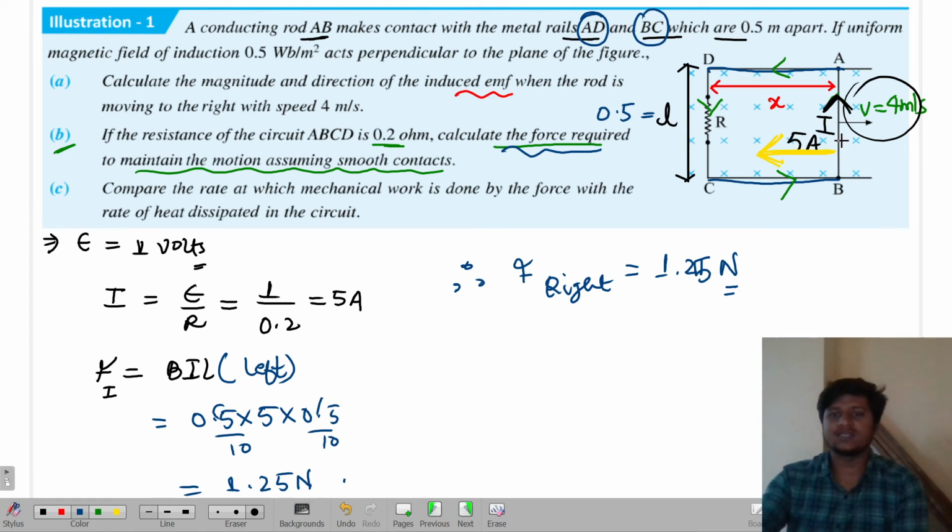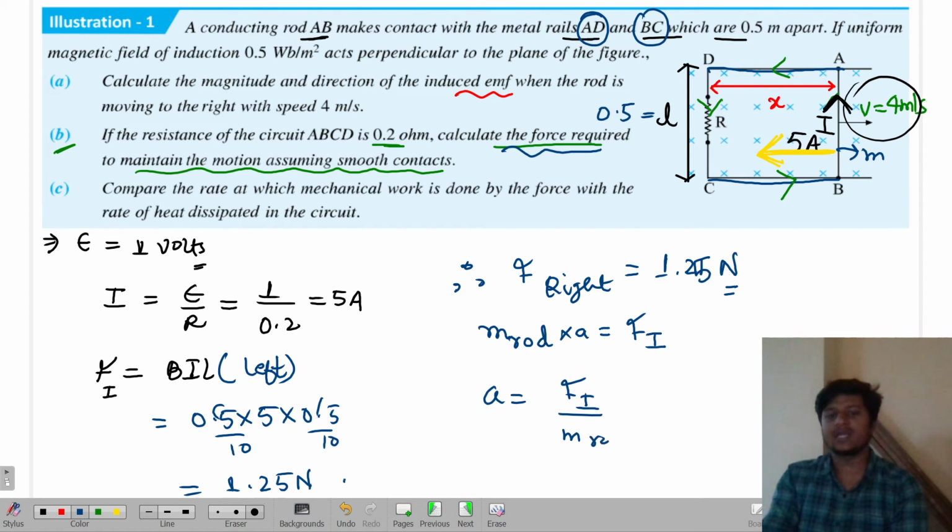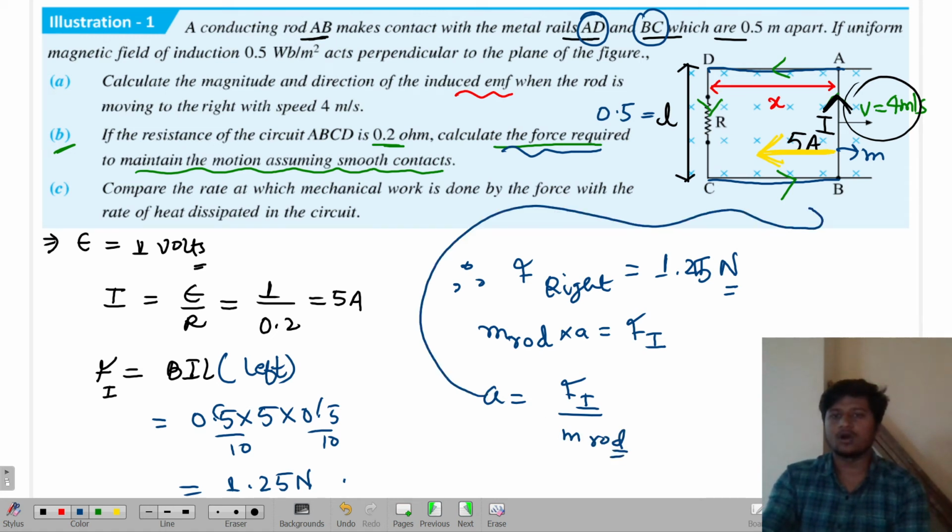Now that acceleration, let's suppose the mass of rod would have been given. So this mass of rod is equal to M. So M of rod into acceleration A is equal to the force applied over here. So can you get the force due to induced current by mass of rod and acceleration or not? But this acceleration is making the rod move with constant velocity always.